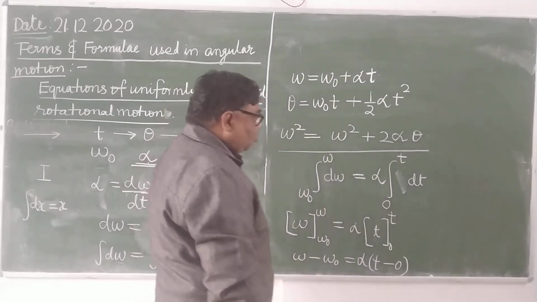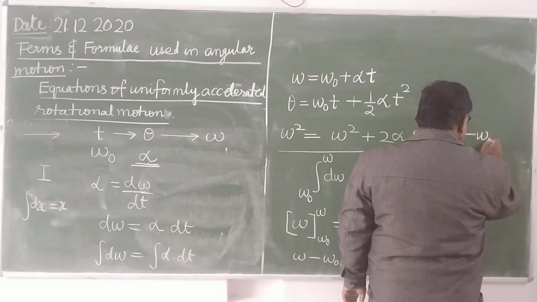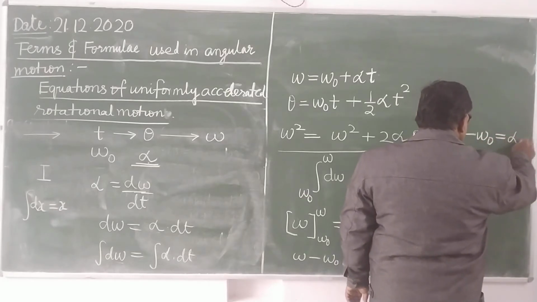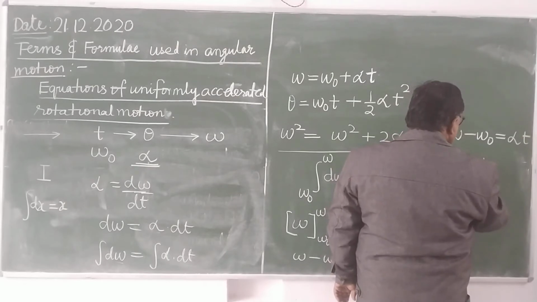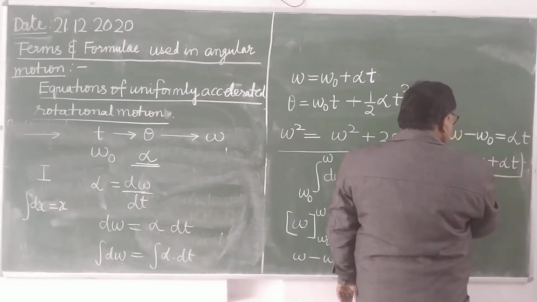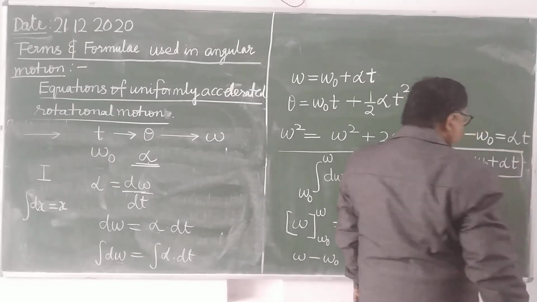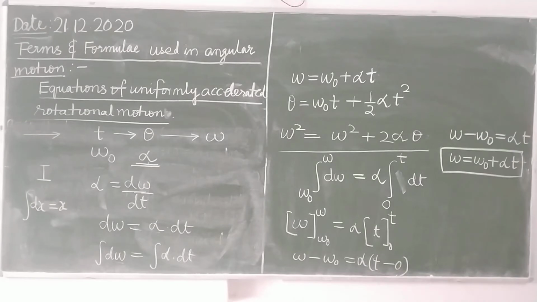So it will be omega minus omega naught equals alpha into t. So what is omega? It will be omega naught plus alpha into t. This is the first equation of uniformly accelerated angular motion.